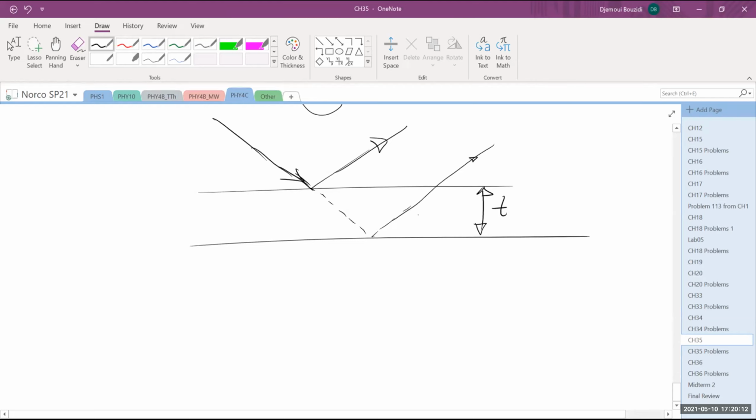So again, depending on this distance in here, and if you do the geometry correctly, using the angle of incidence, theta, which is the same angle as this one, by the way, and because now this is the difference in path when it comes to the two, delta, and that delta depends on this T in here, and this is the same angle theta.